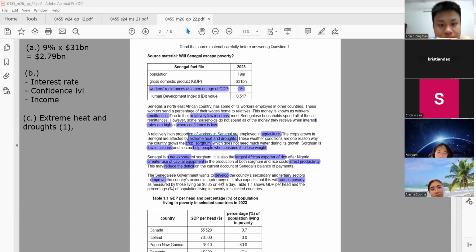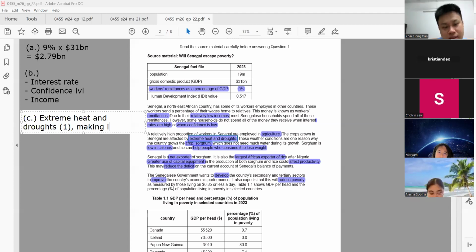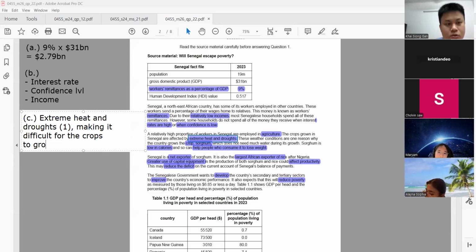You talk about something about the crops. Yes, Elena, you are right. Discourage. You can talk about making it difficult for the crops to grow. So the quality of land is not good.